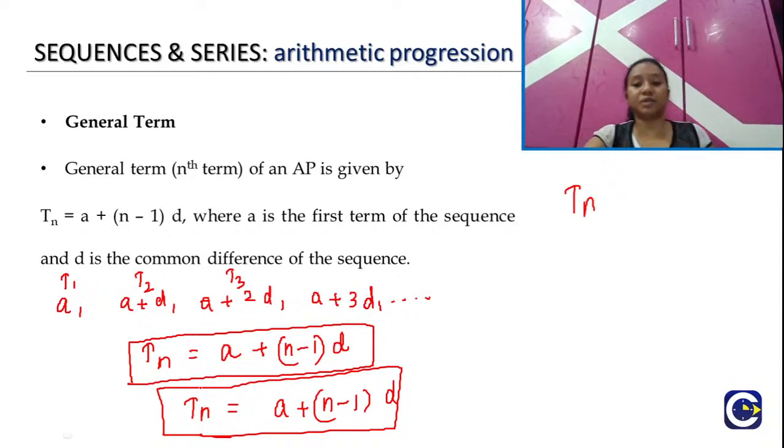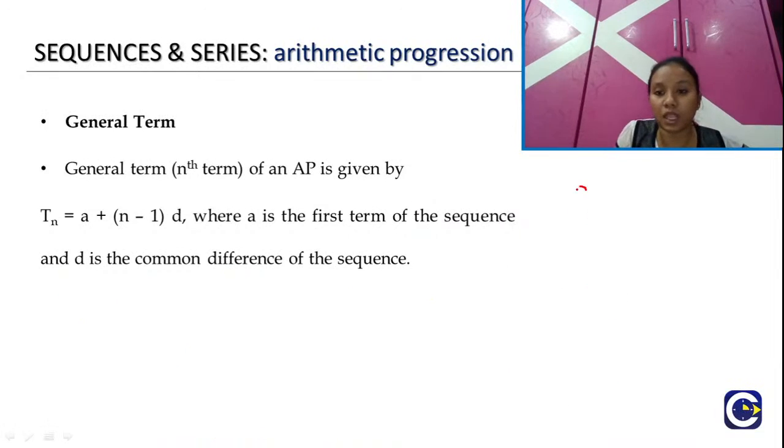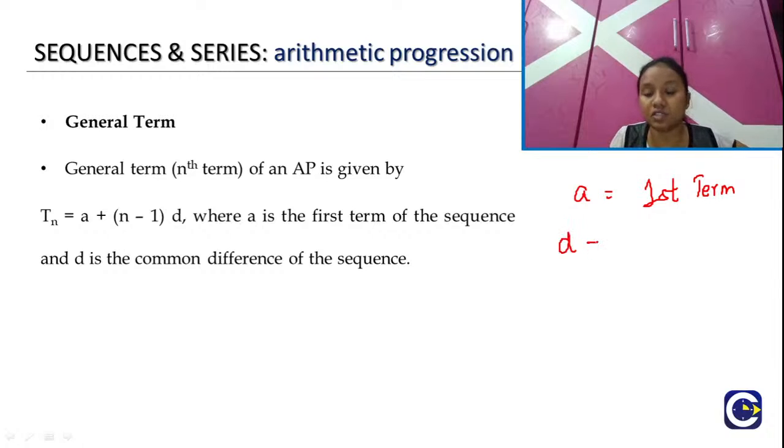So in this arithmetic progression, we should be familiar with three important terms. One is the first term of the sequence, right? And the next is D, which is the common difference here, right?